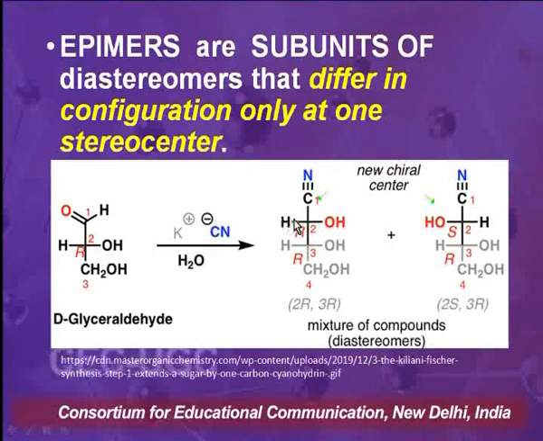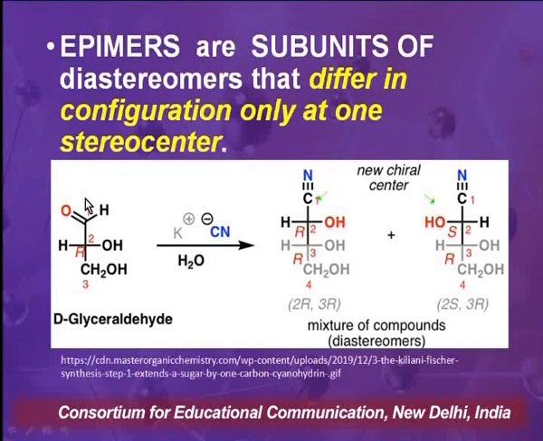Another point you have to keep in mind is that this structure is planar. And when this structure is planar, this has a positive charge, this has a negative charge on it. This CN can make a bond with this carbon of the carbonyl group from either face of this group.